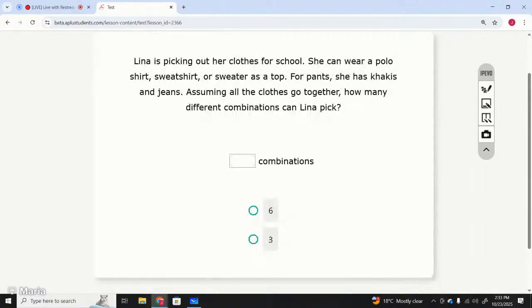Lina is picking out her clothes for school. She can wear a polo shirt, sweatshirt, or sweater as a top. For pants, she has khakis and jeans. Assuming all the clothes go together, how many different combinations can Lina pick? So, which is the correct option?